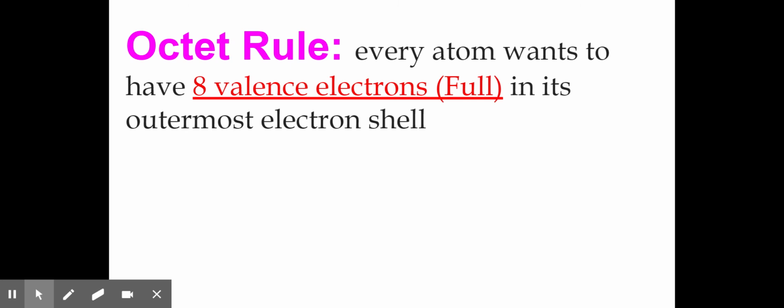Okay, so it means each atom wants to be very stable in the world. They want to have an 8 valence electron arrangement, with the first energy level 2, second energy level 8, and third energy level 8. Okay, we call this the octet rule. Please write this down in your notebook.